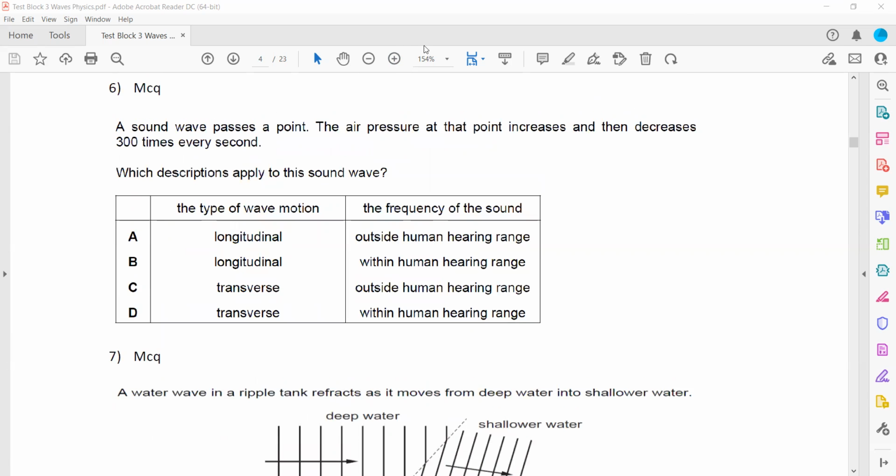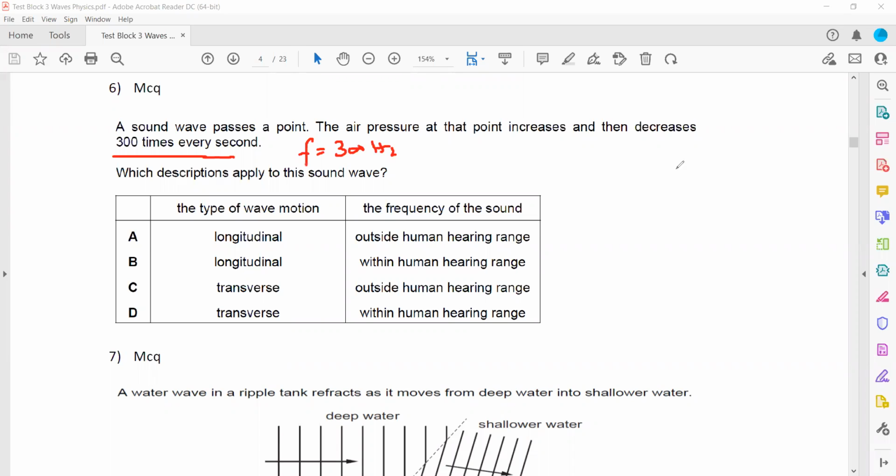A sound wave passes a point. The pressure at the point increases and decreases 300 times every second. So if the pressure is increasing 300 times every second, that gives us an idea about the frequency. So the frequency is 300 hertz.